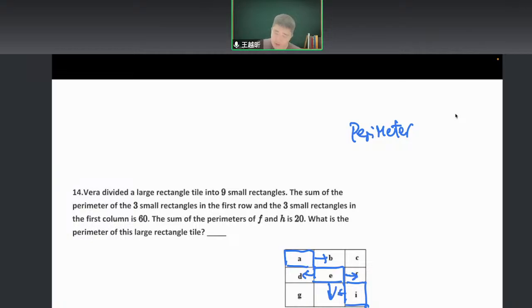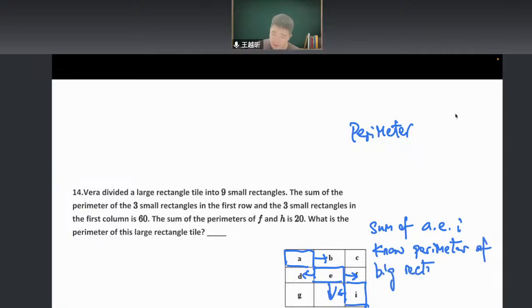So if you are given the sum of A, E, I, then you know the perimeter of the big rectangle. So this is the only test point in this question.